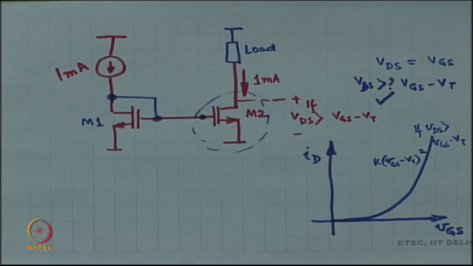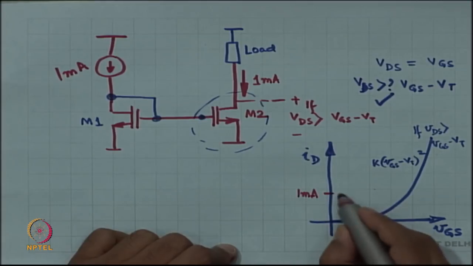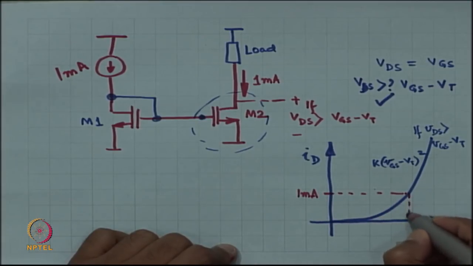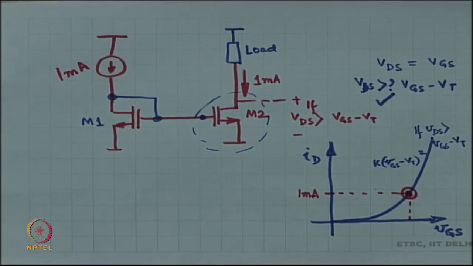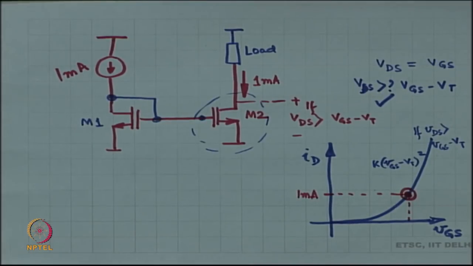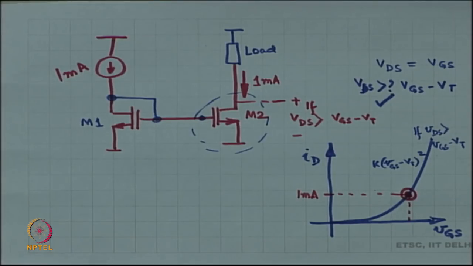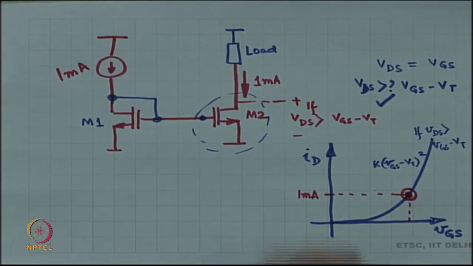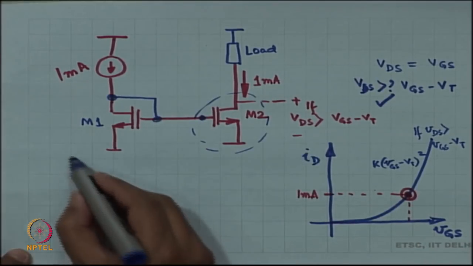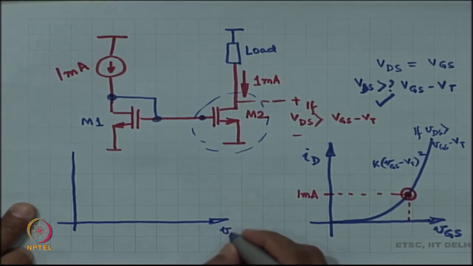Then I push 1 milliampere through it. So, I look up 1 milliampere. And this happens to be the required VGS. So, that VGS is created across the device, or rather across the gate source. All right. And then the same VGS is applied to M2. And as far as M2 is concerned, you look at the other curve.